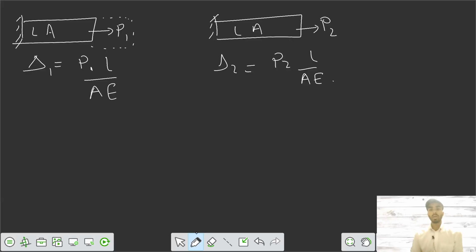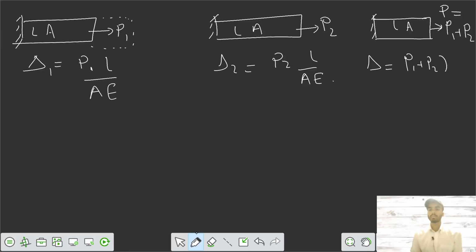Now, if you want to combine the effect, in the third stage, length and A are the same, you apply force P1 plus P2. P equals P1 plus P2. Then delta equals force L by AE.